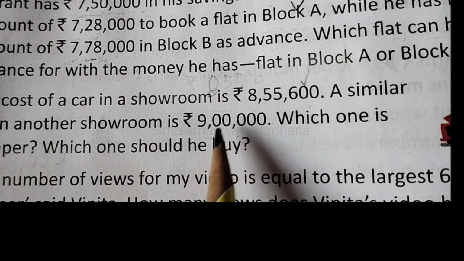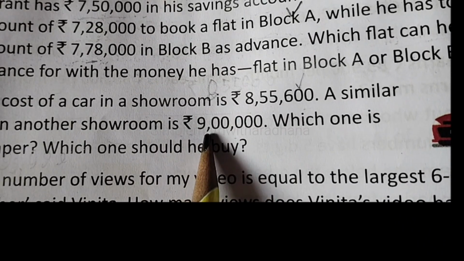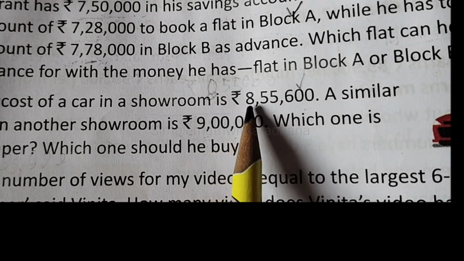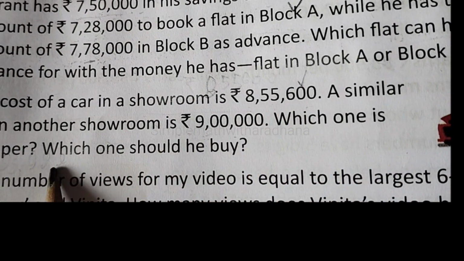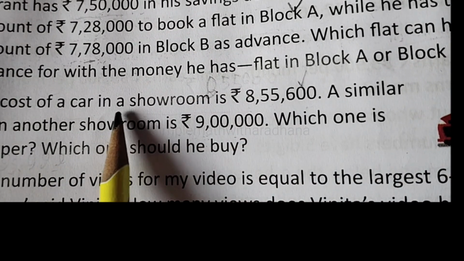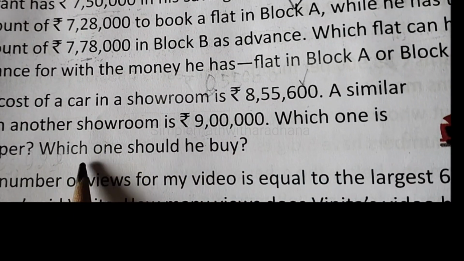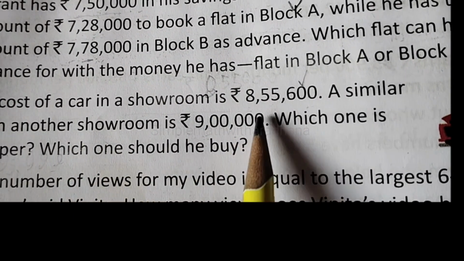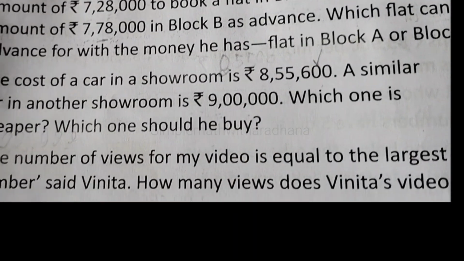Here you can see in the other showroom the car price is higher. Okay, 9 lakh is greater than 8,55,600. Which one is cheaper? So obviously the first showroom is cheaper than the other showroom. Which one should he buy? So he can buy the car from the first showroom.